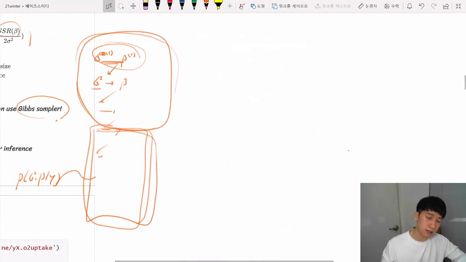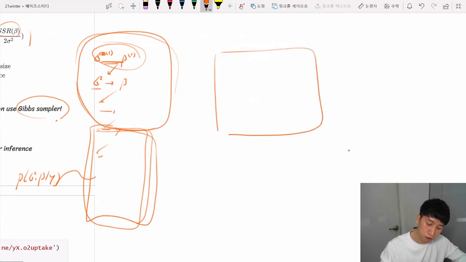I may cover this more in detail in the next video, but to briefly say, the idea of Gibbs sampling is this. Let's say your goal is to traverse a mountain, which is the probability density, where you have two parameters, right?